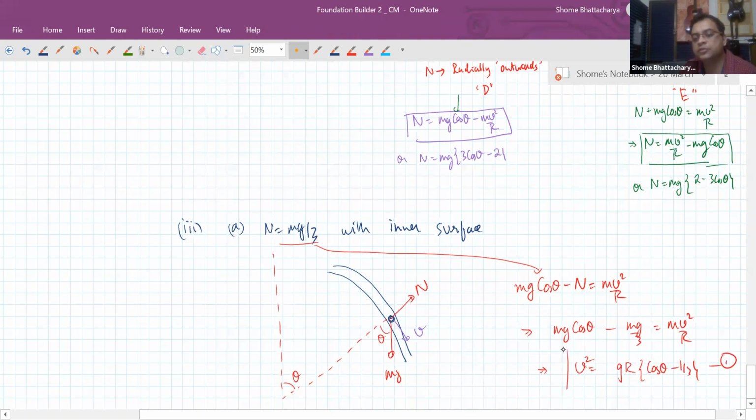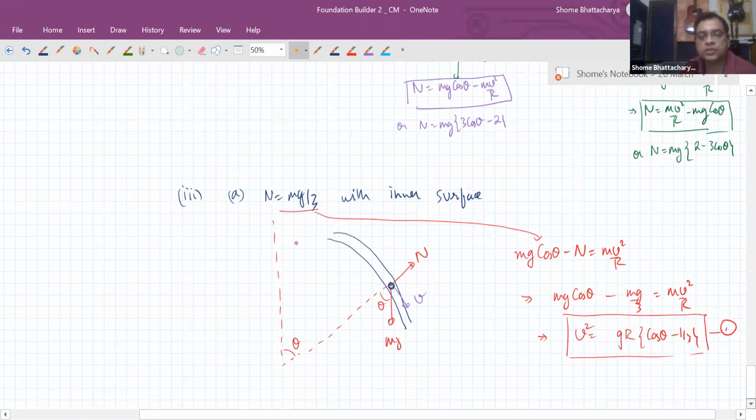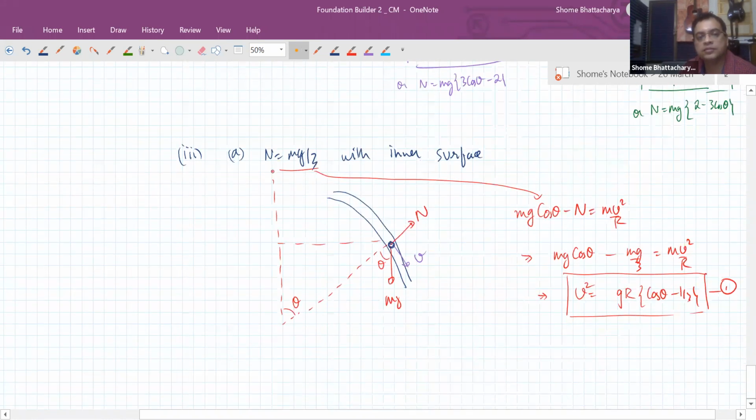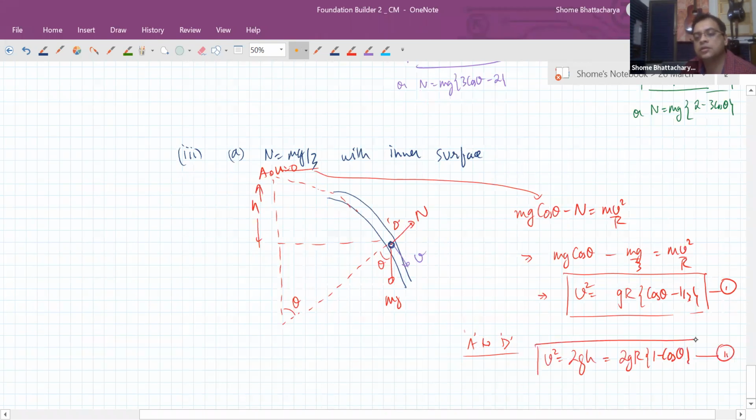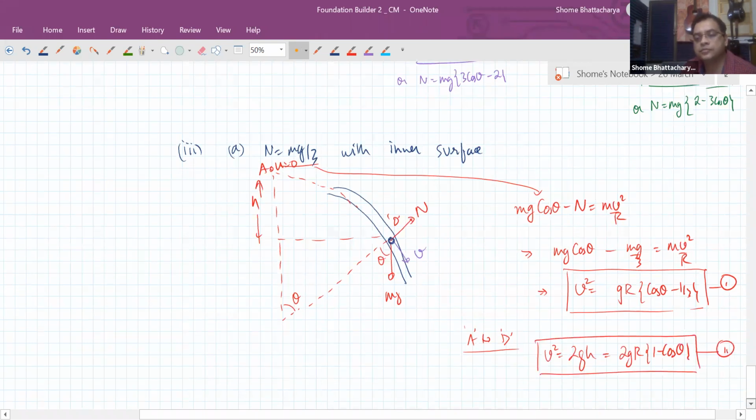This is the equation that we're getting from the dynamics. And then of course, starting from the point A where u was 0, the particle has come in a path like this, A to D. v square is equal to 2gh, that is 2gr into (1 minus cos theta). That's our second equation. Now you solve these two.